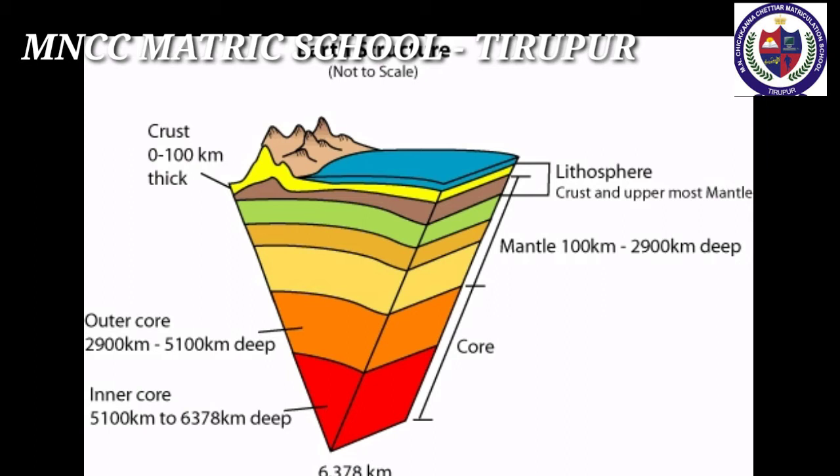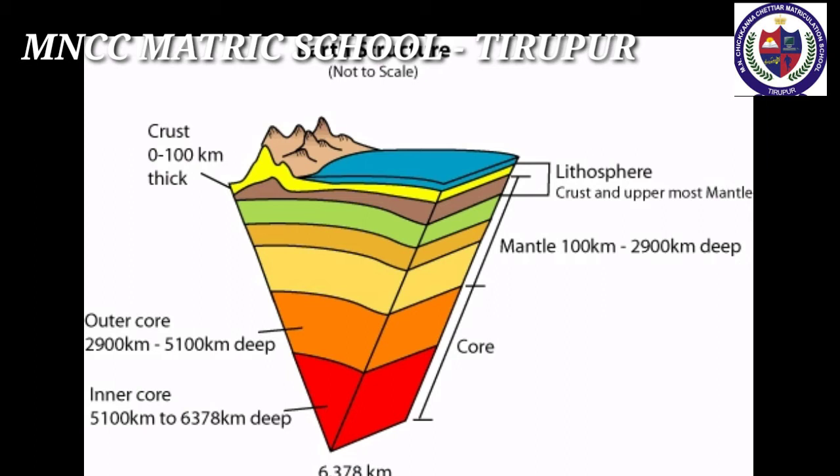The upper part consists of granite rocks and forms the continents. It has the main mineral constituents of silica and alumina. So it is collectively referred to as Sial. Si for silica and Al for alumina, and has an average density of 2.7 gram per centimeter cube.